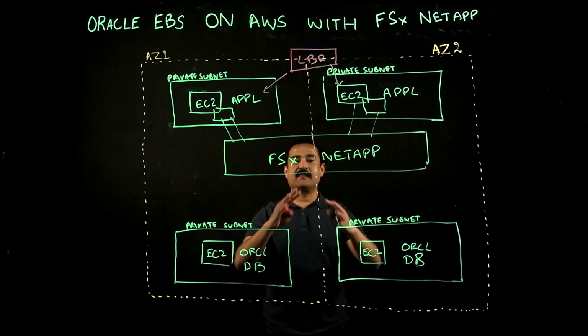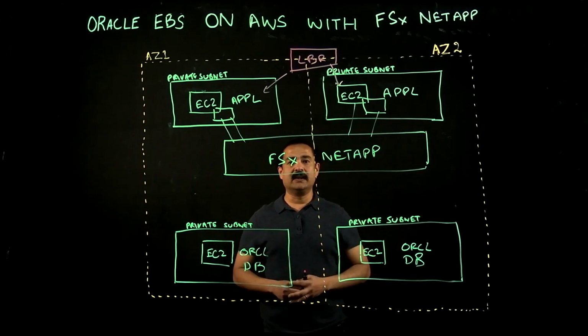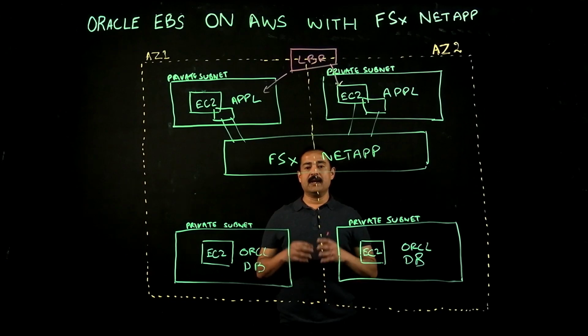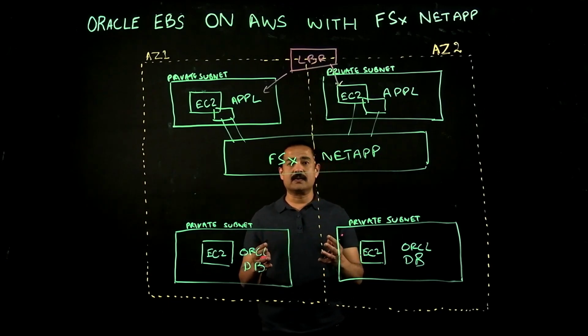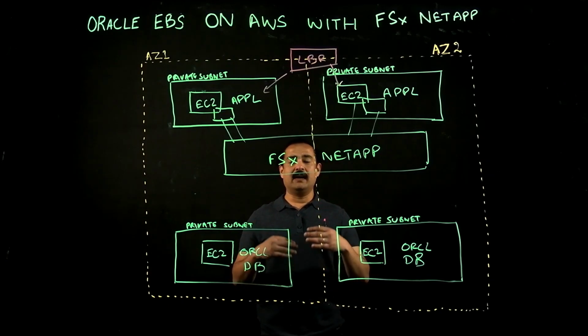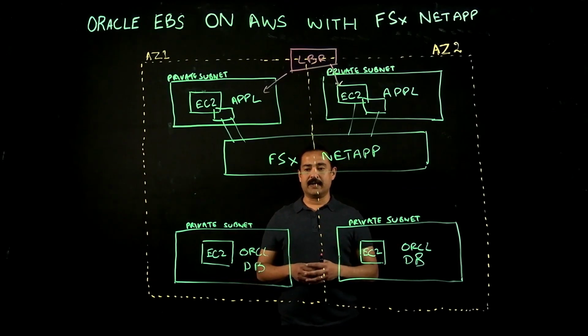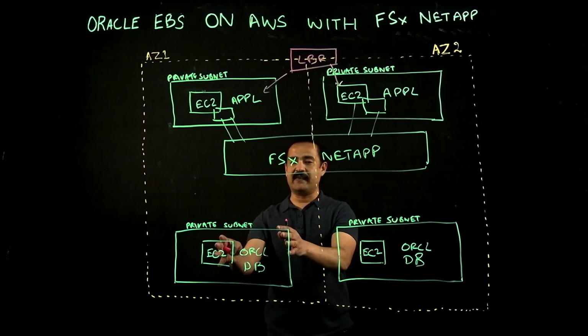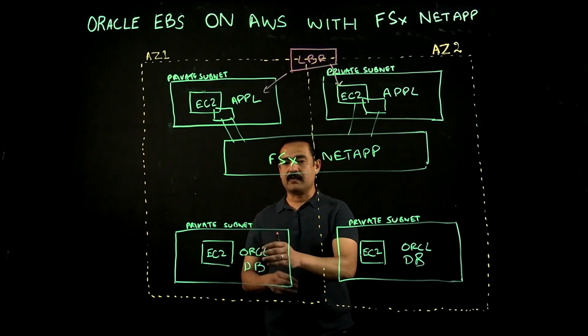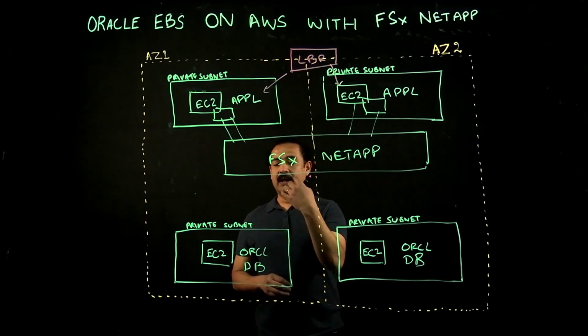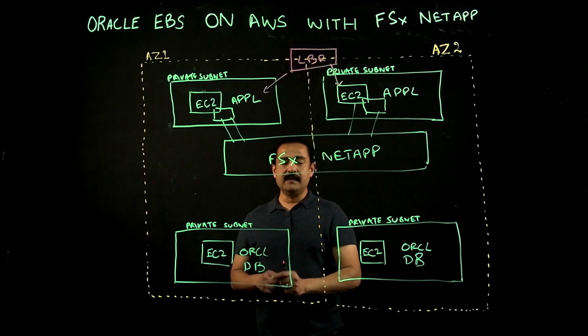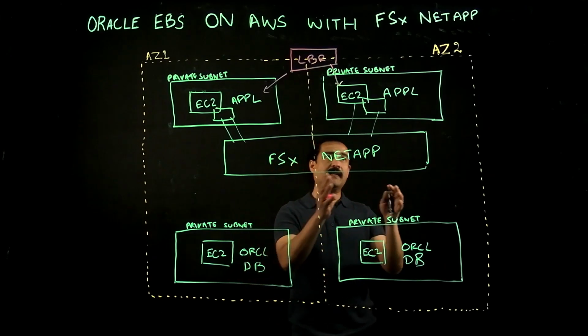So this takes care of the application tier. Now let's talk about the database tier. Since the EBS database also needs to be in a private subnet because it does not need to be exposed to the internet, we are going to have a separate private subnet for the database. So we are going to host the Oracle database on an EC2 server. And for HA, we are going to use a different AZ.